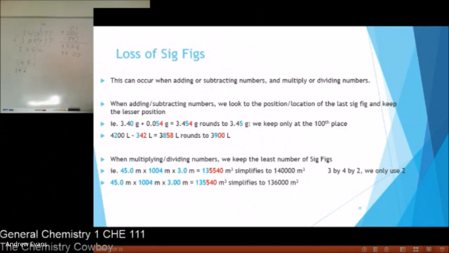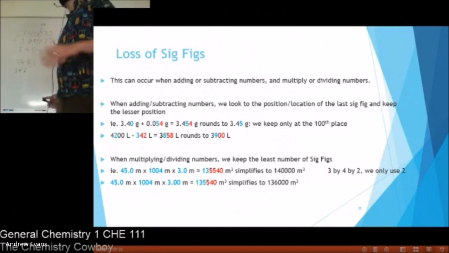I could mathematically try to show you why this rounds up or rounds down. I don't want to. It's a pain. Just note that the number of sig figs you keep will change how accurately and how reproducibly you get the same numbers.